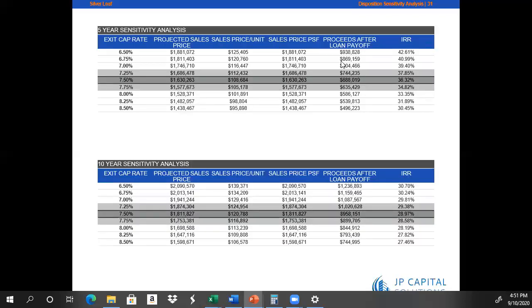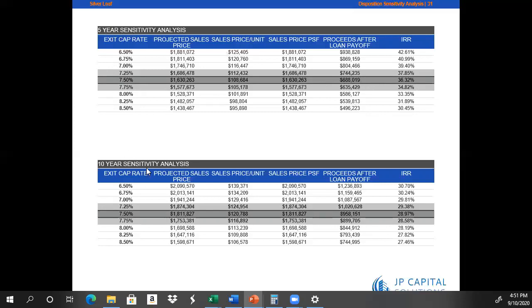And here's another one that I'm not going to get into exactly, the IRR, the internal rate of return. Just to give you a high-level overview, right here you'll see 36%. That seems like a big number. Well, this is based off of five years.